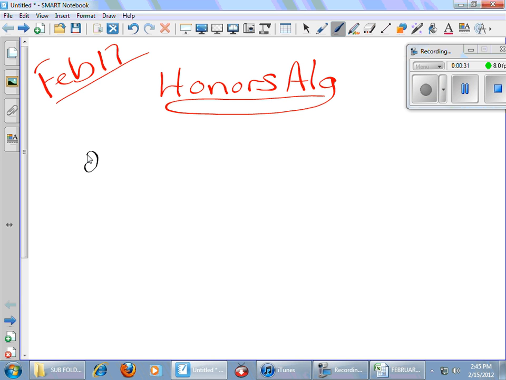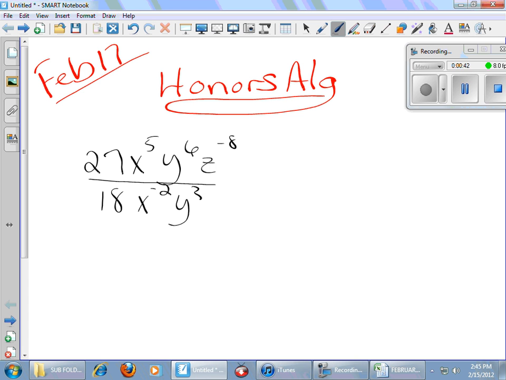Let's say we have 27x to the 5th, y to the 6th, z to the negative 8th, and we're going to put that over 18x to the negative 2nd, y to the 3rd, z to the 5th.